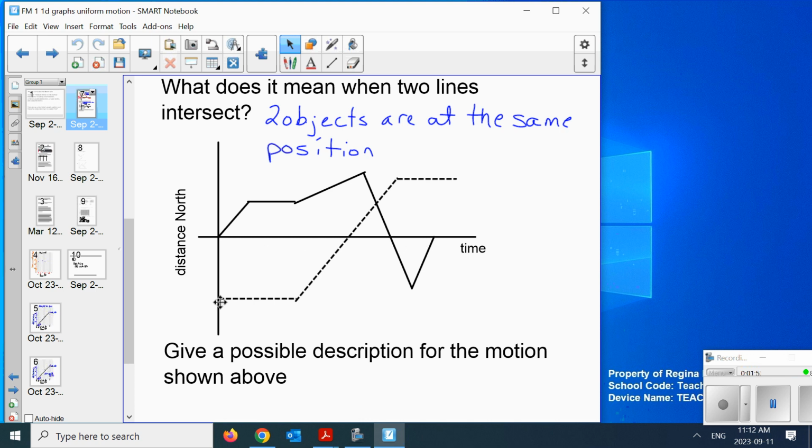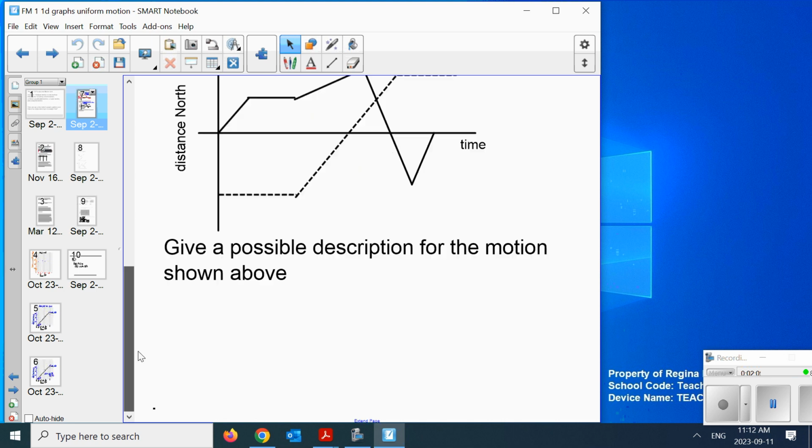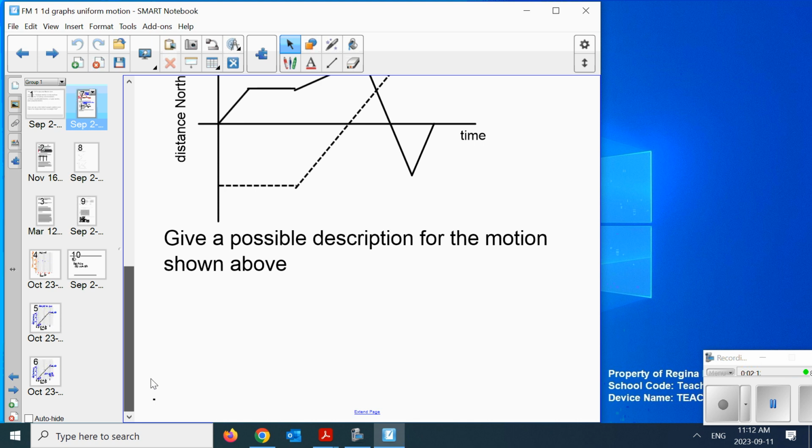Whereas the other person stood still and was south of the other person at the start. Stood still, then went at a fairly decent rate towards the north, with positive slope, then stood still. So I've described the motion. We walked it through and kind of experienced it on Friday, right?